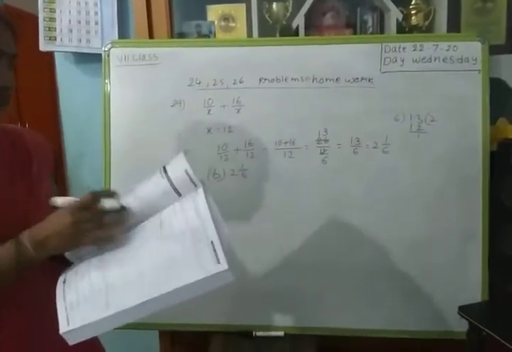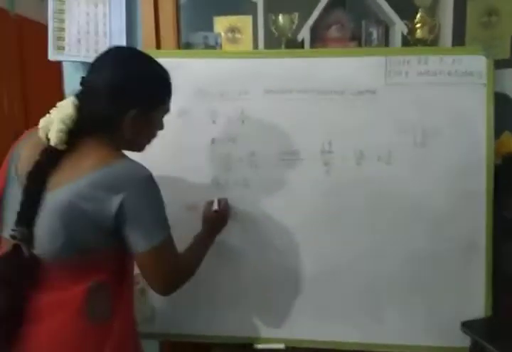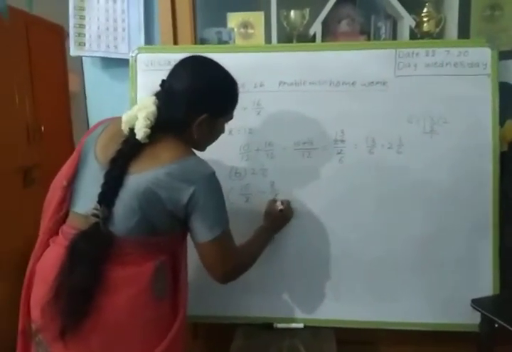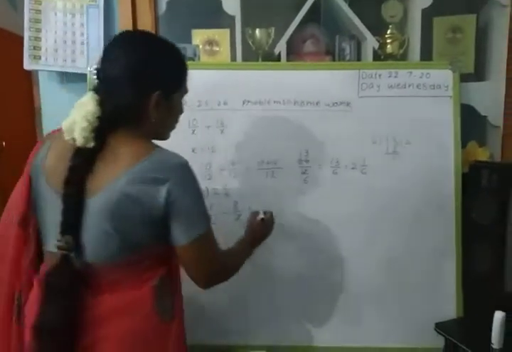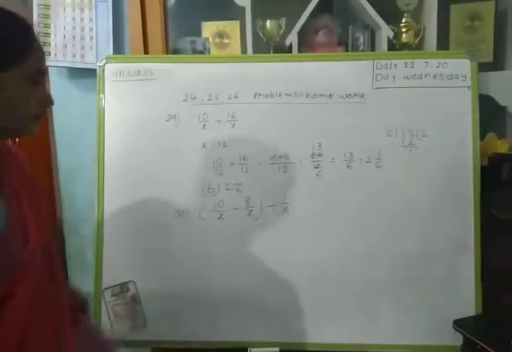Next, the 30th question. 10 by x minus 8 by x plus 1 by 6. Simplify.